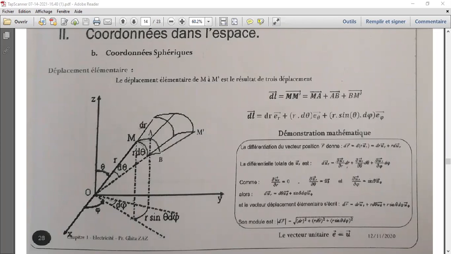Then from there, you go outside the sphere to the point M, where the change is more of the radius, the r radius. So dr is what changes more.